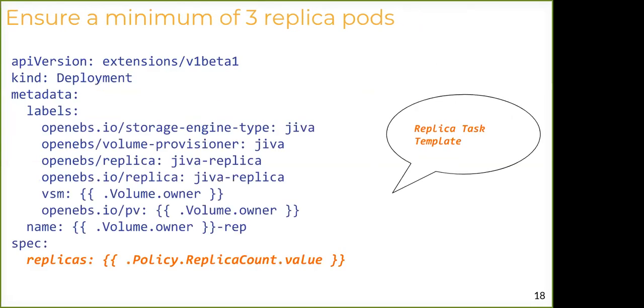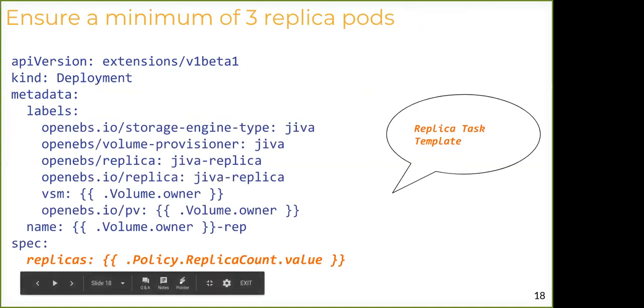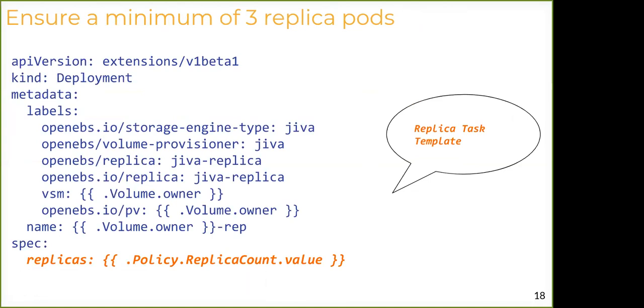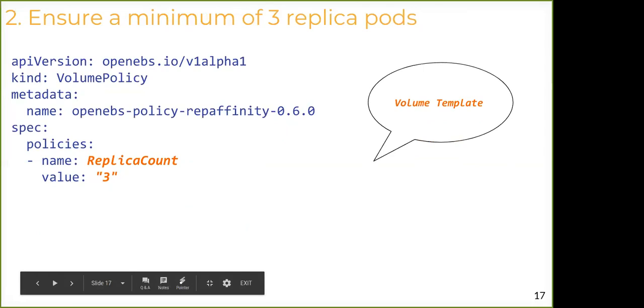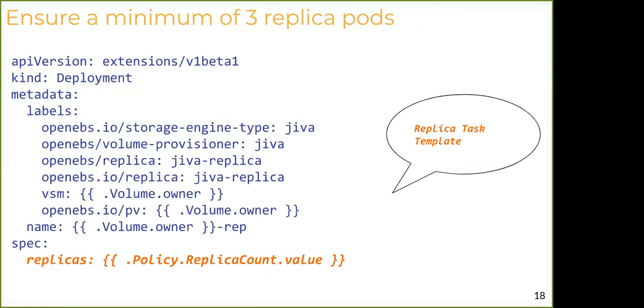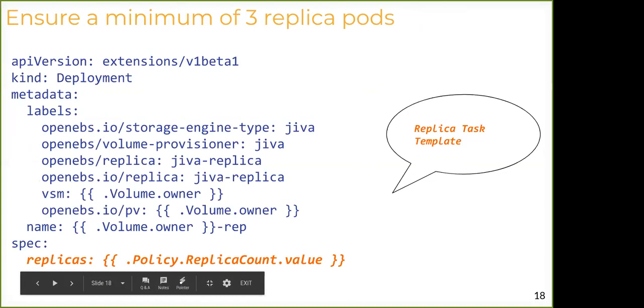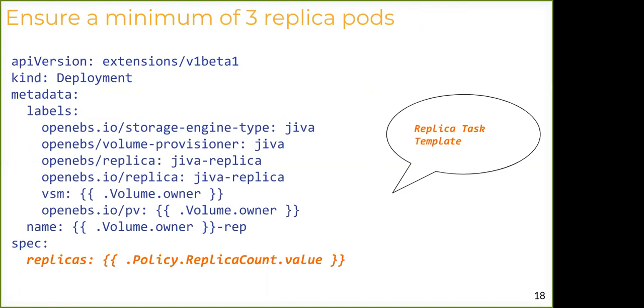In the task template, that gets converted into replicas, because OpenEBS deploys a replica as a deployment, and Kubernetes has a specification called replicas. We just have to enforce this rule on this particular property. All this is done by the policy engine.